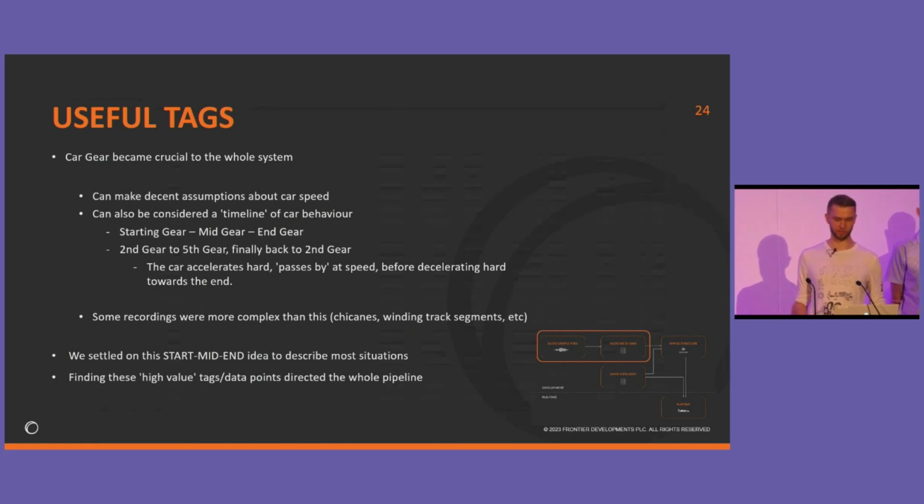We found that this start, middle, and end setup, where you have a starting gear, a middle gear, which can also be the sync point in many cases, and an end gear, is the paradigm that fits most of the recordings, and it's also the most reusable. So this is how we started tagging a lot of these recordings.